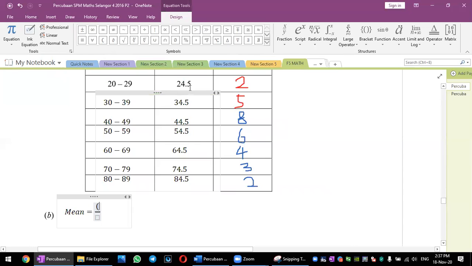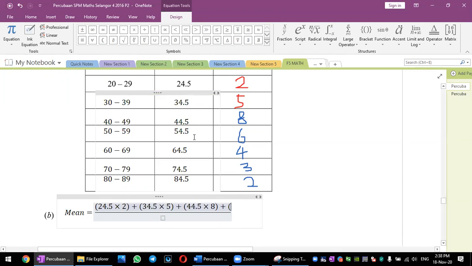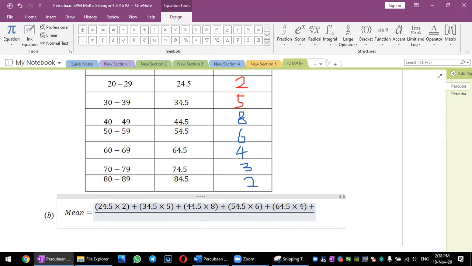So, midpoint darab kekerapan. 24.5 times 2, and then plus 34.5 times 5, and then plus 44.5 times 8, and then plus 54.5 times 6, and then plus 64.5 times 4, and then 74.5 times 3, 84.5 times 2.